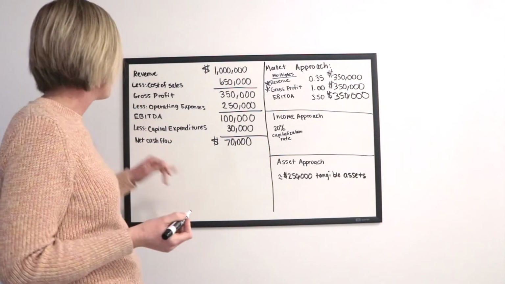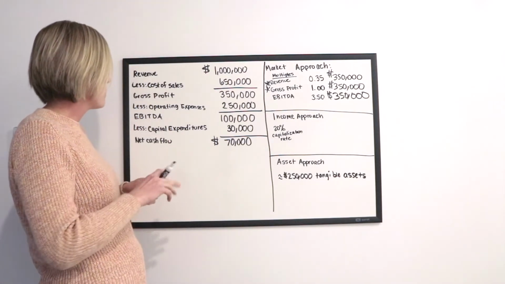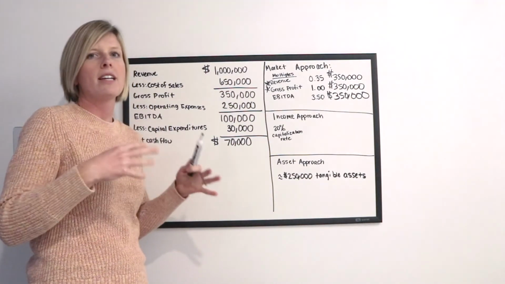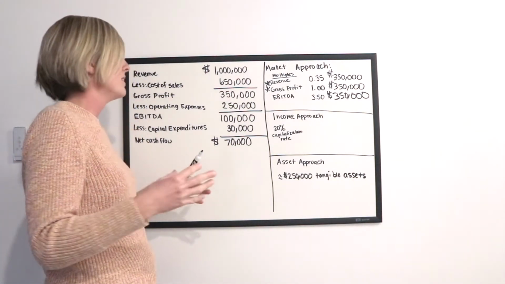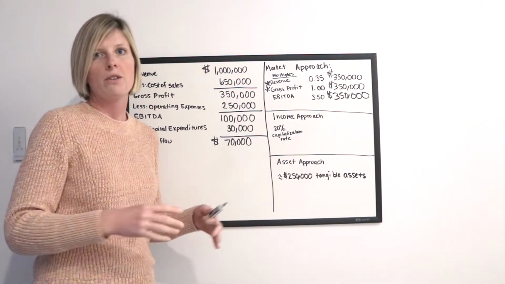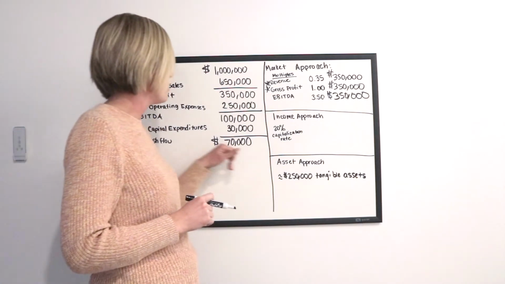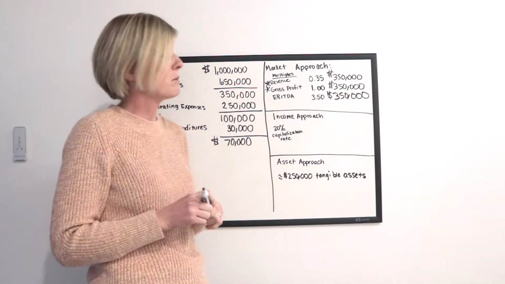So we're not considering depreciation, but we're going to look at capital expenditures as, this is the money that we're getting, but we know we're going to have to feed the machine here. So we're going to have to put some back in order to get to a good cash flow number here.